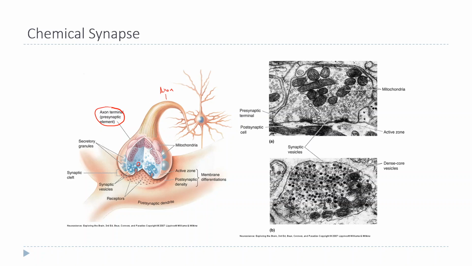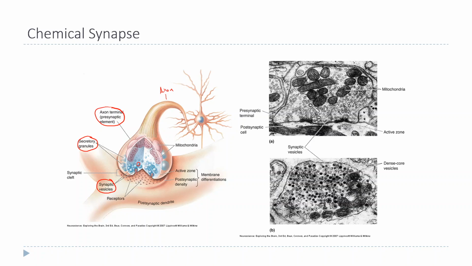Some are produced in the synaptic terminal, especially the smaller ones. The bigger ones, that we call secretory granules, come from the cell body, whereas these smaller ones that are sometimes just called synaptic vesicles are made in the synaptic terminal itself. And inside those vesicles and inside the secretory granules are the neurotransmitters, the chemicals that are going to be released.